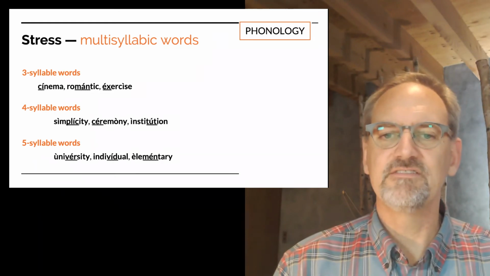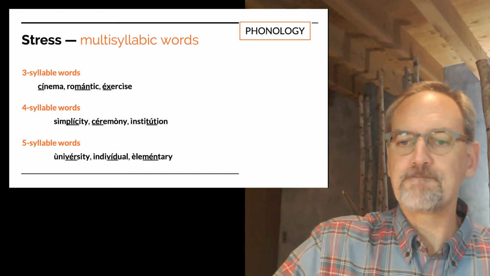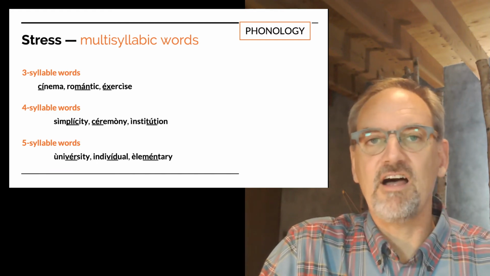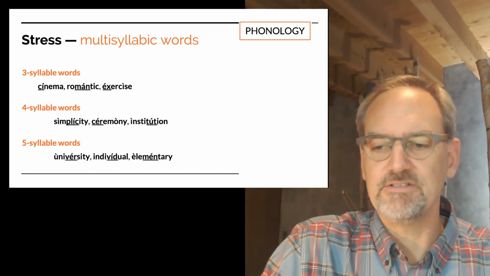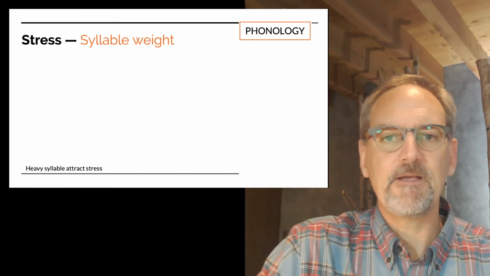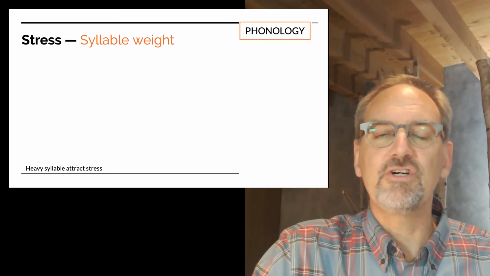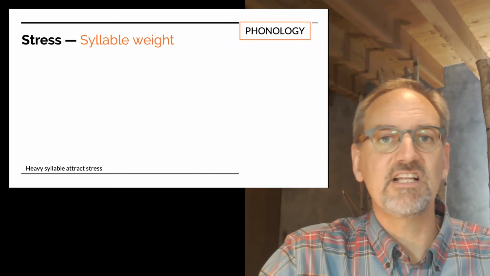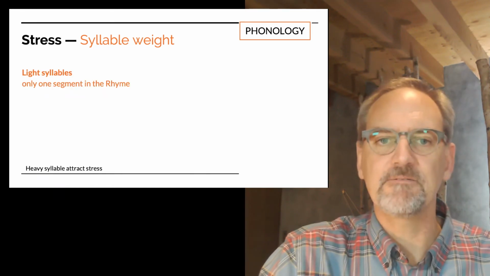Individual, elementary. So the stress patterns of words vary depending on certain properties of the syllables, and that's what we want to look at. The property that we're going to look at is known as syllable weight, so whether the syllable is heavy or light.